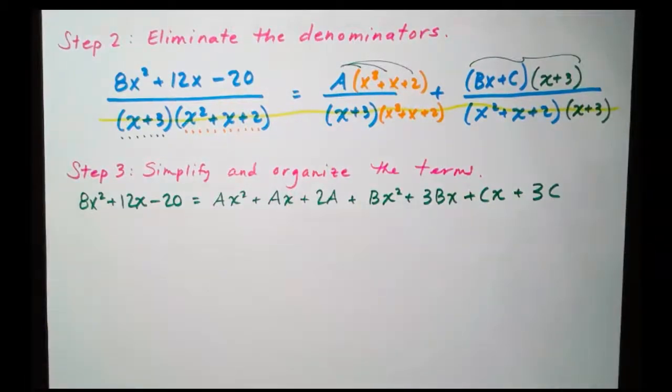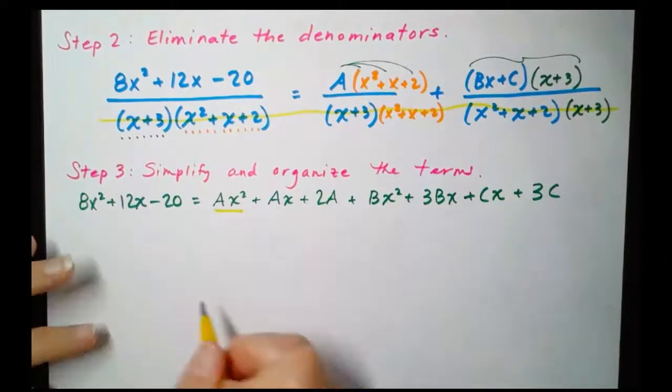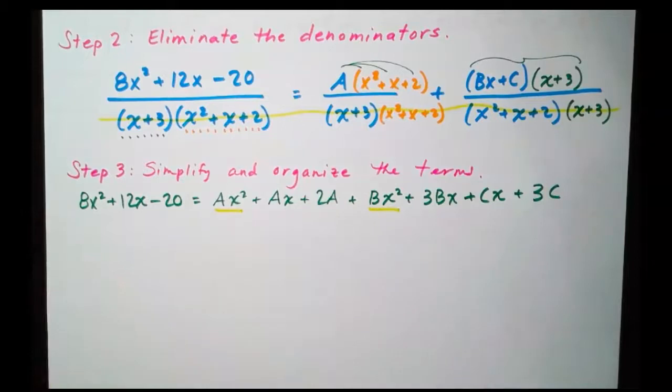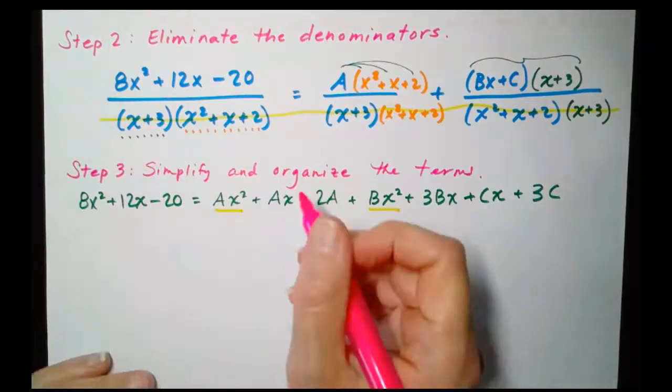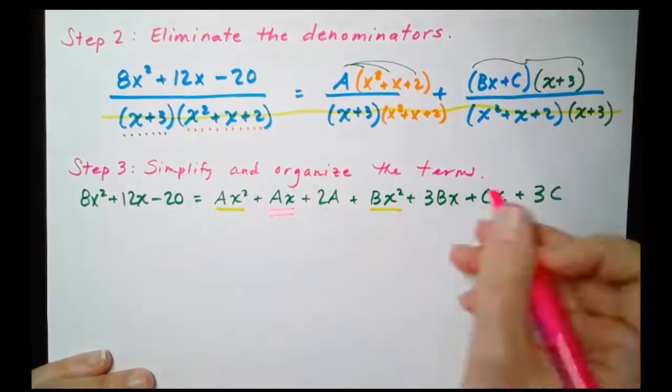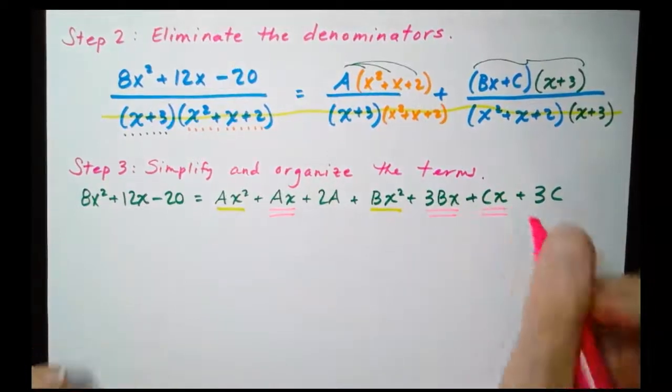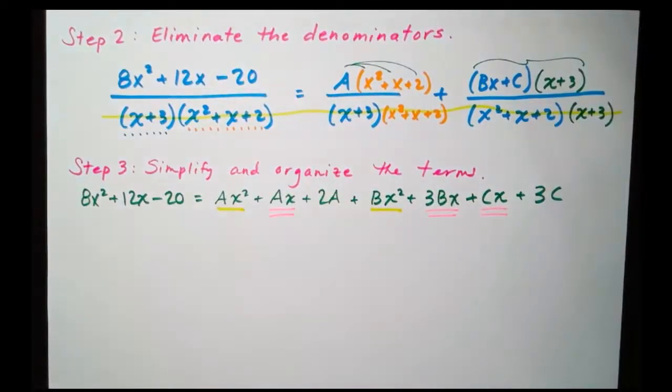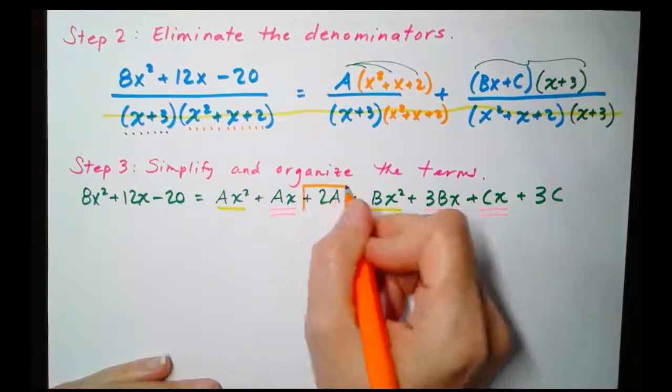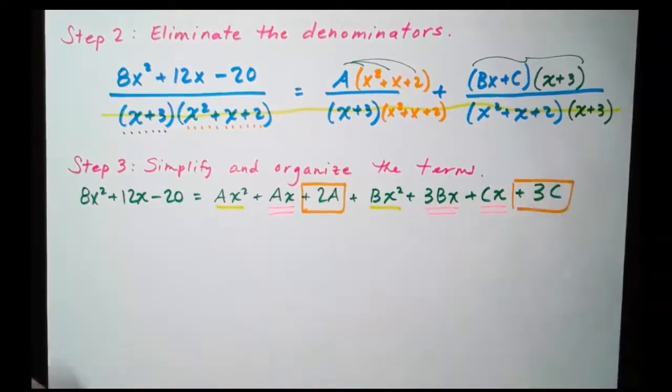So now we're going to organize the terms on the right. So there's an x squared, there's an x squared. Here is an x, here is an x, here is an x. And then we also have some constants. Constant, constant.